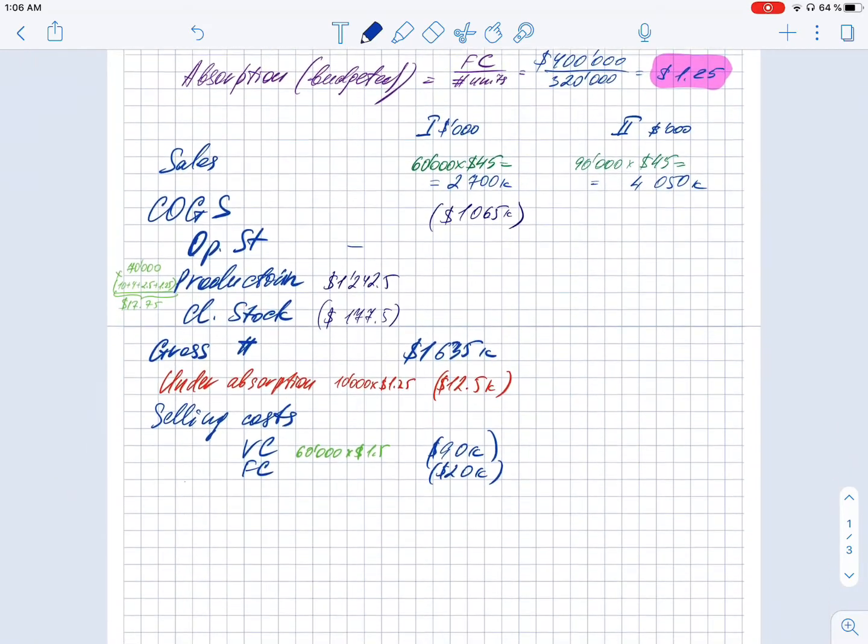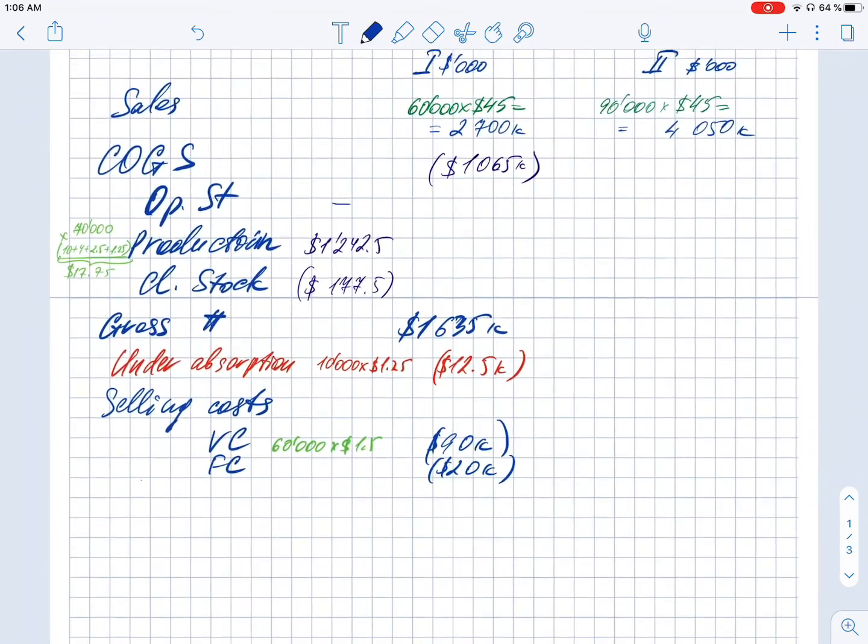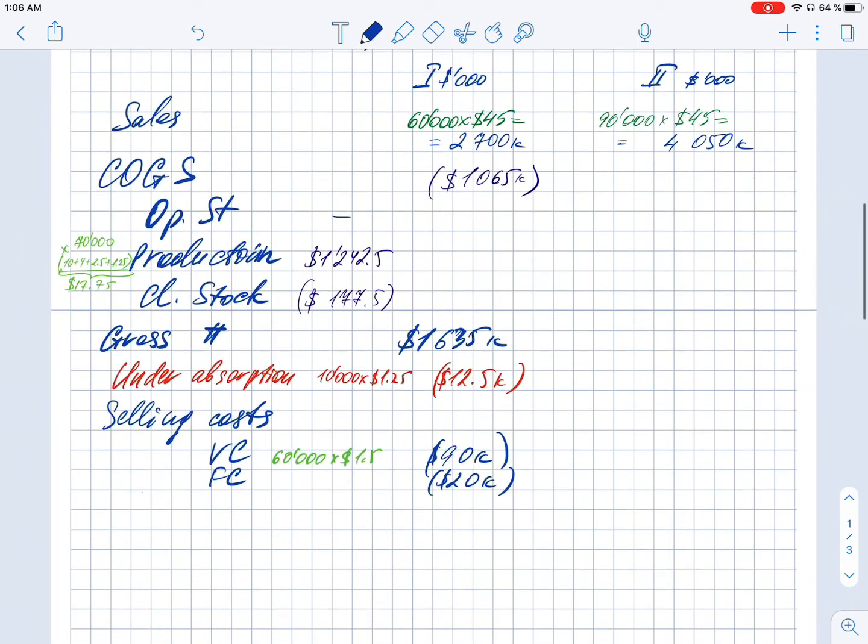So now we can calculate net profit, and eventually all the amounts calculated gives us $1,512,500 of net profit.